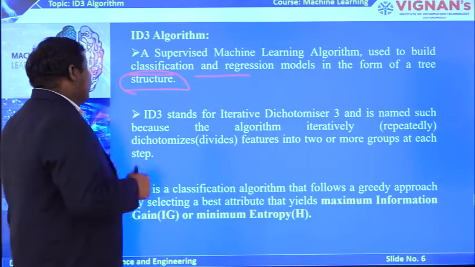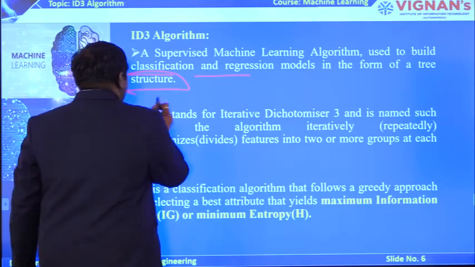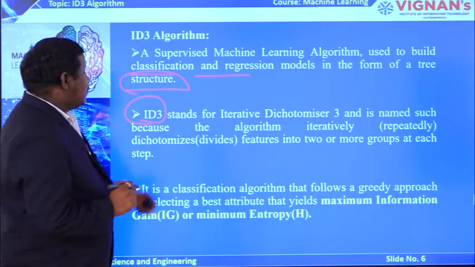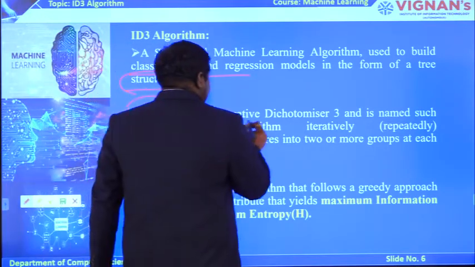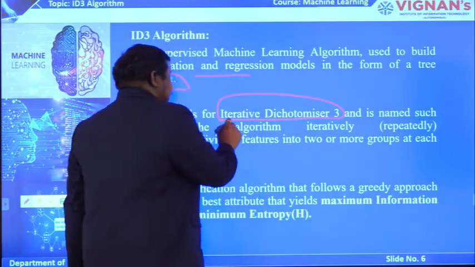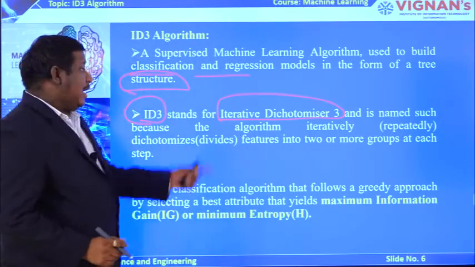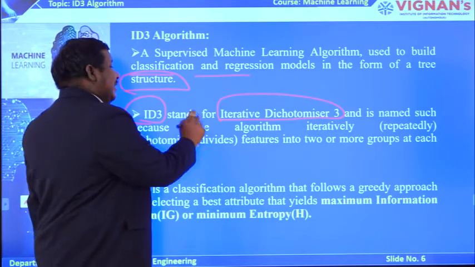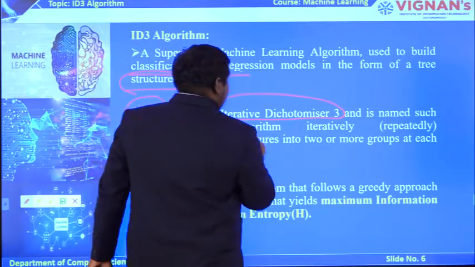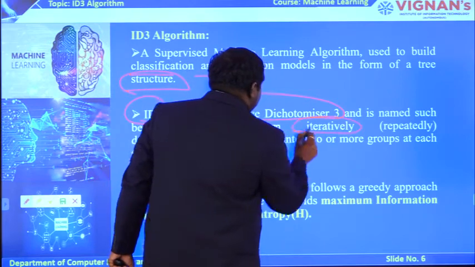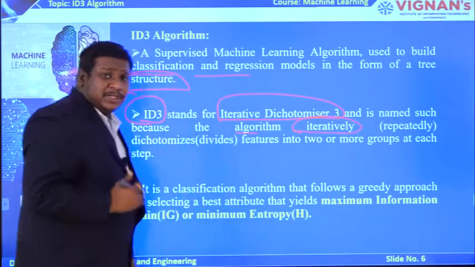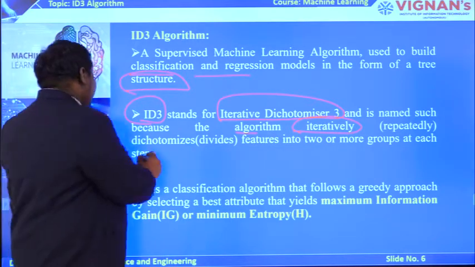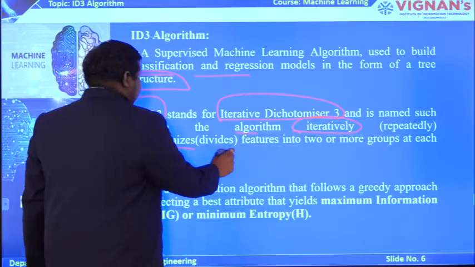Everyone has this doubt: what is this ID3? ID3 stands for Iterative Dichotomizer 3. Why is it called iterative dichotomizer? Because the algorithm iteratively, meaning repeatedly, dichotomizes, that means divides.